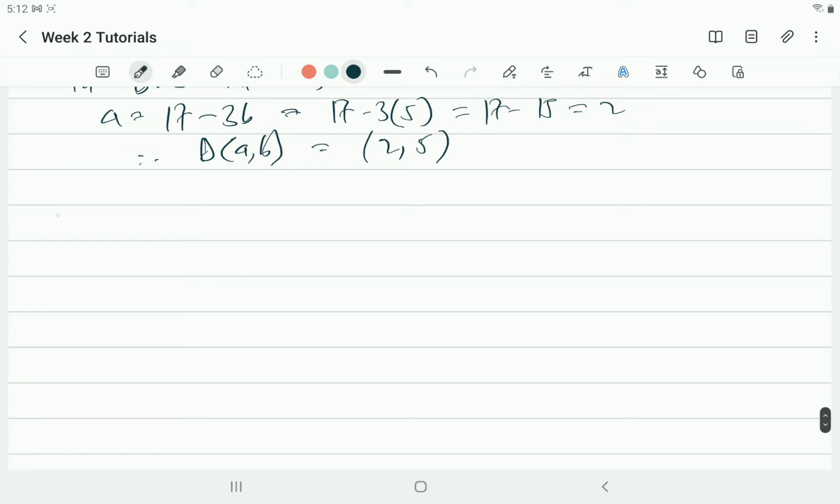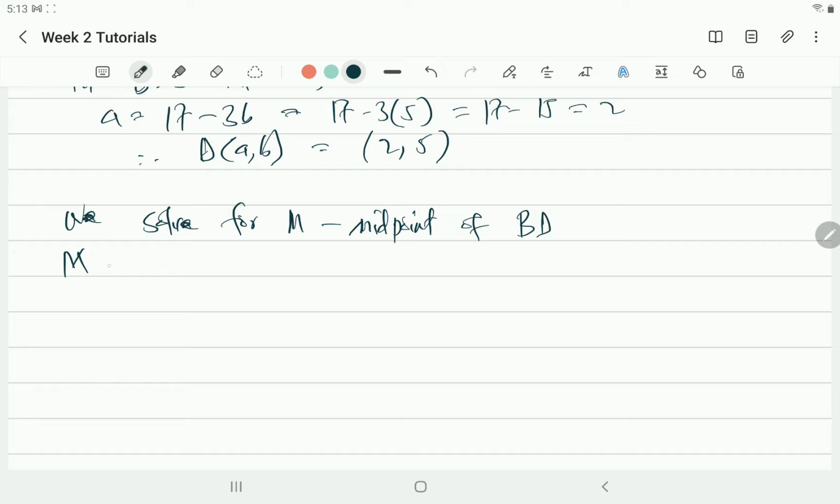So we solve for M, the midpoint of BD. So we know that the midpoint formula is actually the sum of the x coordinates over 2 and the sum of the y coordinates over 2. So quickly I do the substitution.